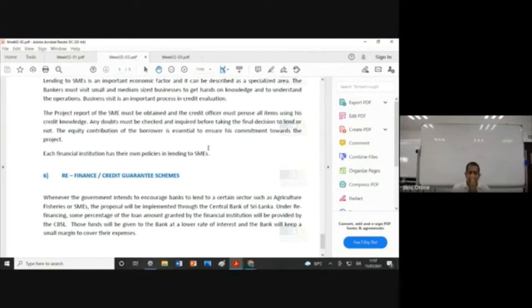So we discussed these types of borrowers. Initially, the personal borrowers, who specifically borrow for consumption purposes, not for productive purposes.